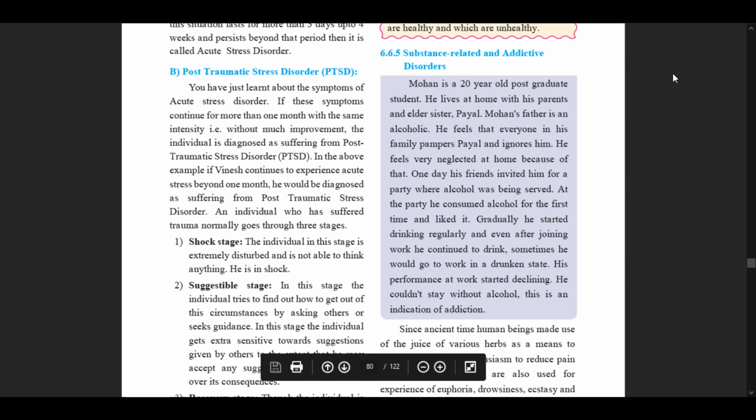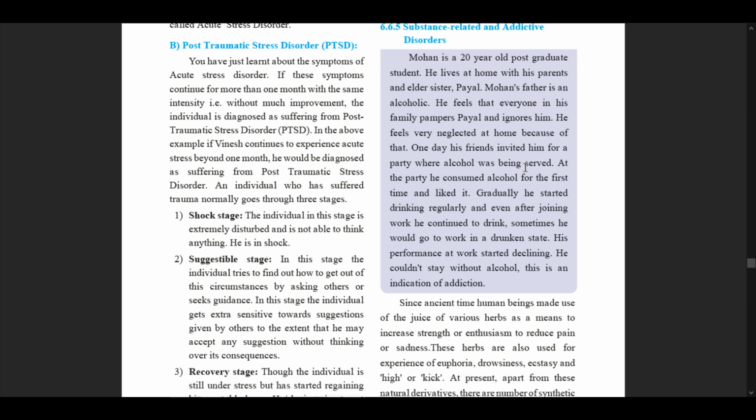So now we move forward, and without further ado, we'll start with our subunit 6.6.5, substance related and addictive disorders. First we'll go through this example given to us for a detailed explanation of this subunit.